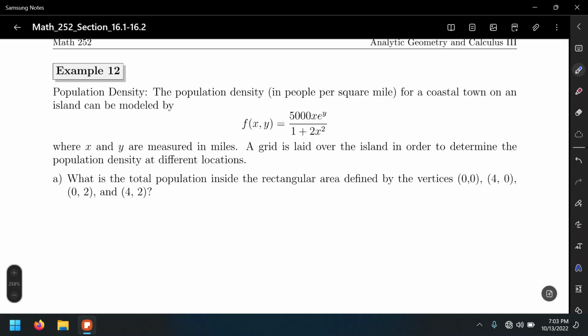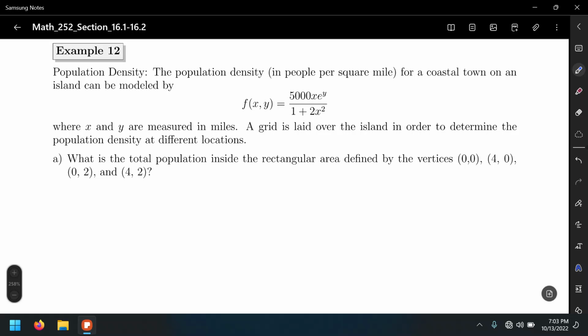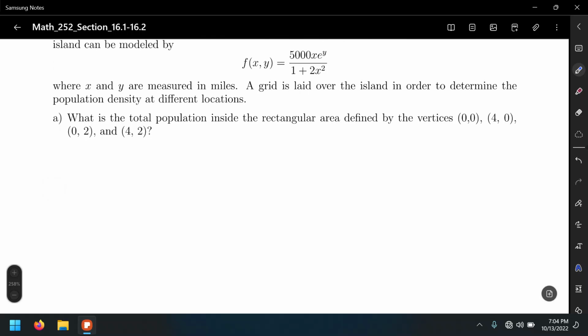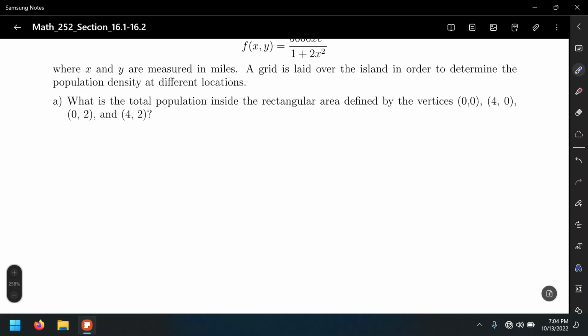So we have this population density function on an island given by f of x, y equals 5,000 x e to the y over 1 plus 2x squared, where x and y are measured in miles and the grid is laid over the island in order to determine this population density at different locations, all right?